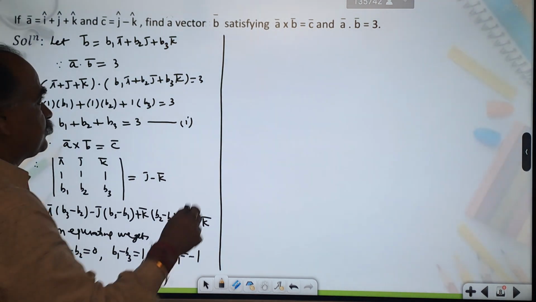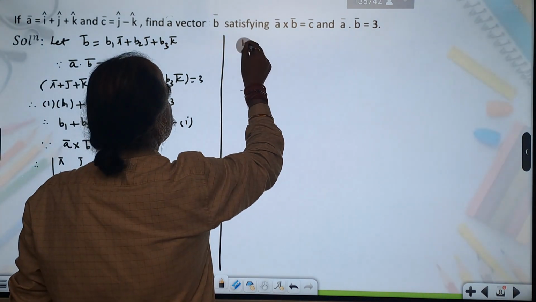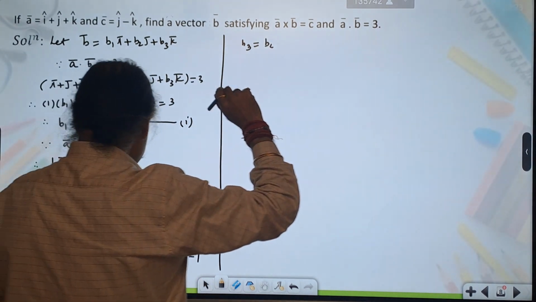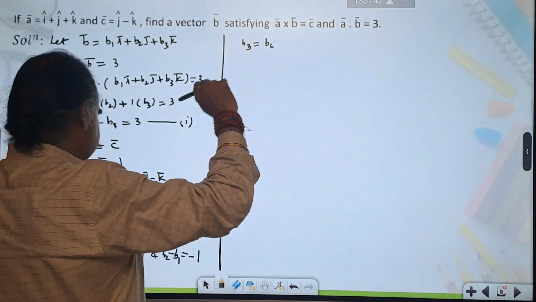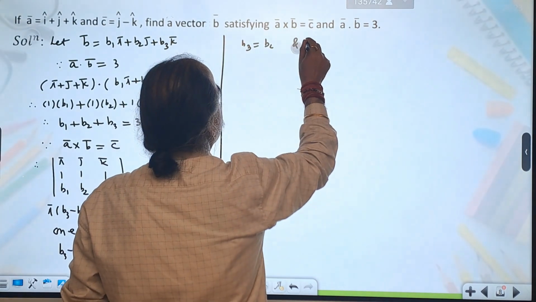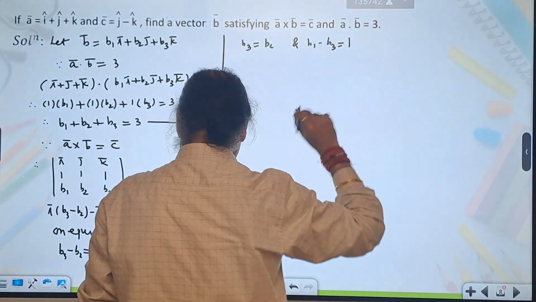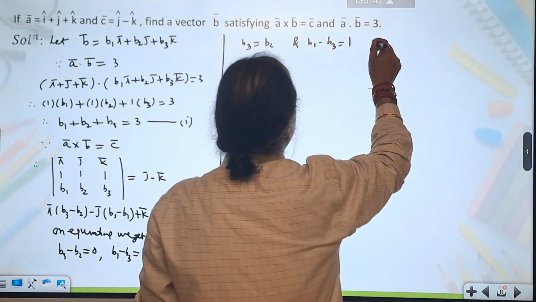So b3 is b2, and b1 minus b3 is 1, and b2 minus b1 is also minus 1.